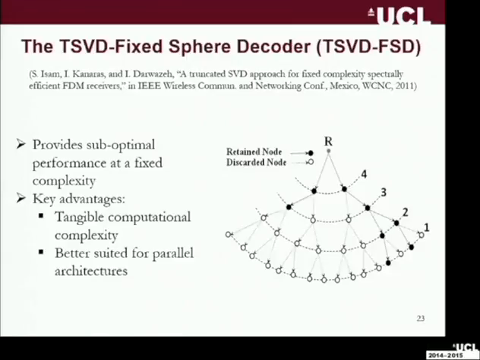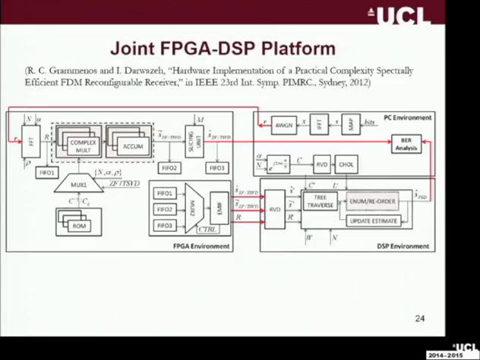Hopefully I haven't lost you yet. I'm trying to make this as simple as possible. So this is the FPGA platform we used. In the first version, what we did is we implemented the linear detector, zero forcing and TSVD, on an FPGA, which is the left-hand side. And then we implemented the fixed sphere decoder on a digital signal processor on the right-hand side.